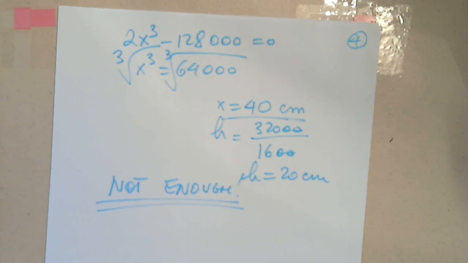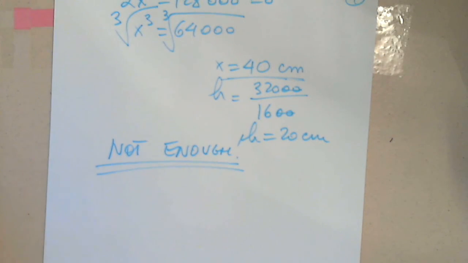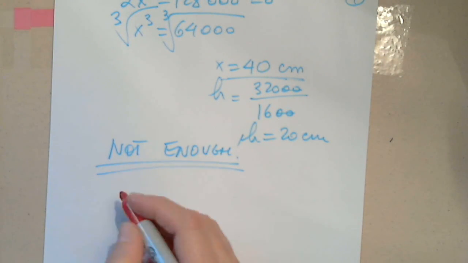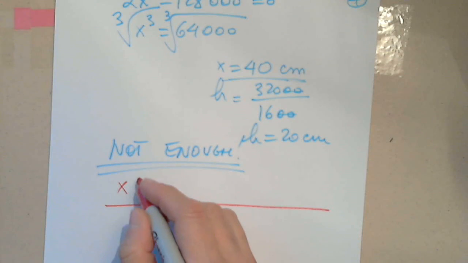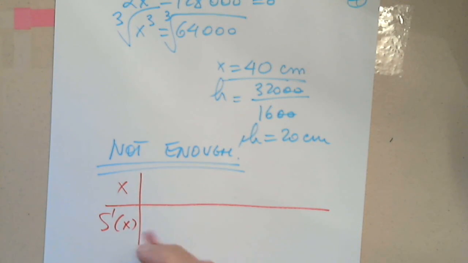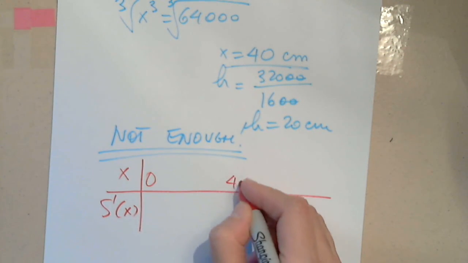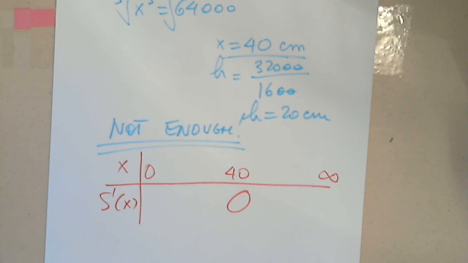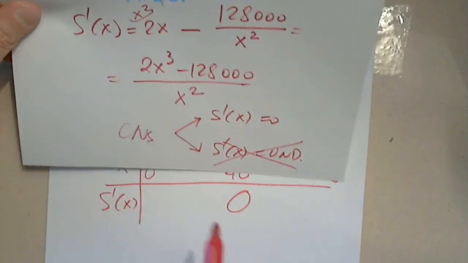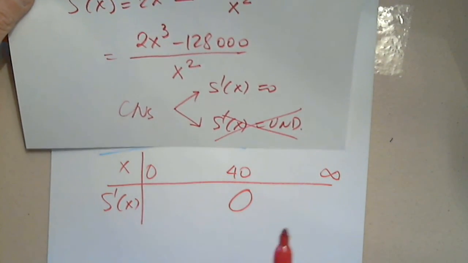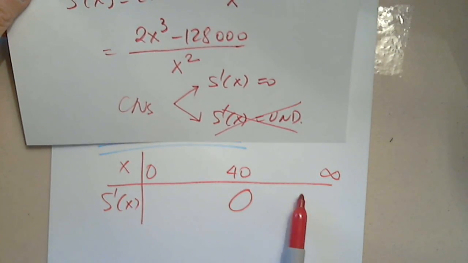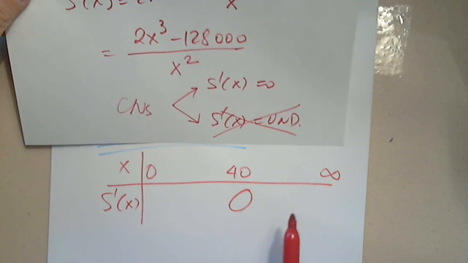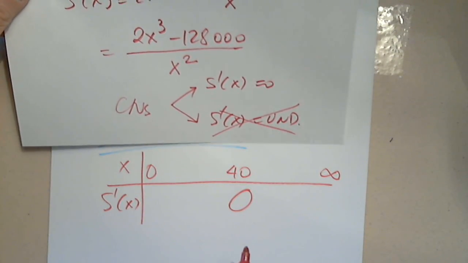But I have not proved, I have not convinced you that 40 gives a minimum. And I'm trying to do this right now. So I'm looking at the function, which is this. I have to study the sign on this side and study the sign on this side. And then I will convince you that it gives a minimum.